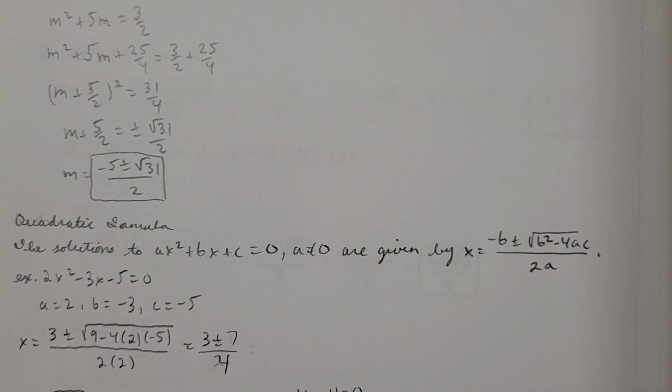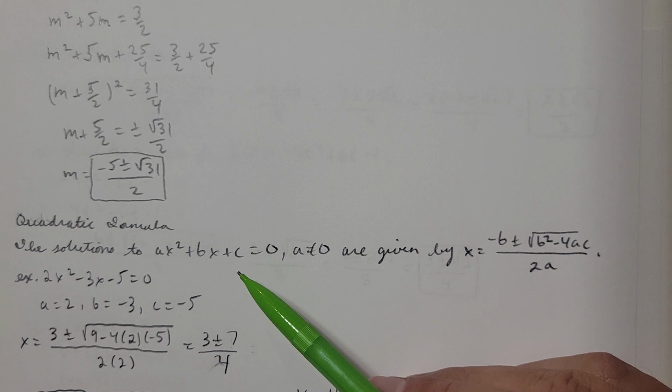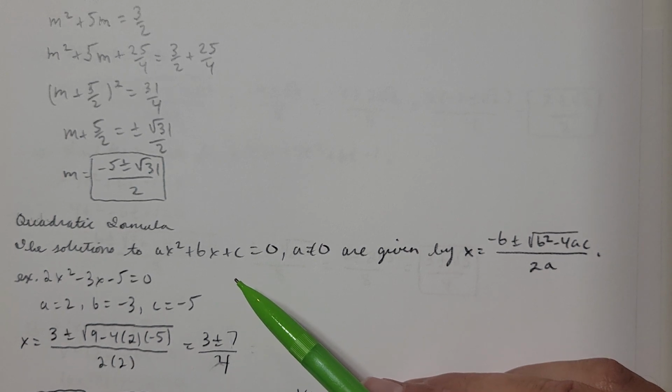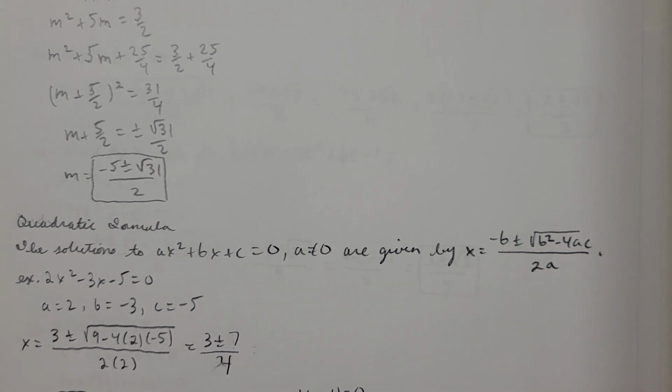What somebody has done for us is they've gone through the completing the square method with this general form. They have an equation, ax squared plus bx plus c equals 0, and they complete the square on that. So they get a 1 in front of x squared, and then they bring the constant over to the other side. They take half of the number in front of x, and they add that to both sides. They keep doing that, and that led to this formula.